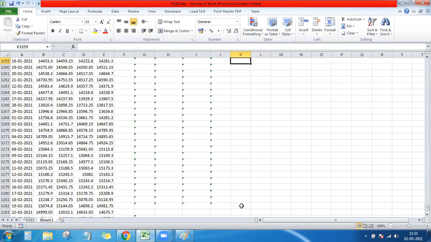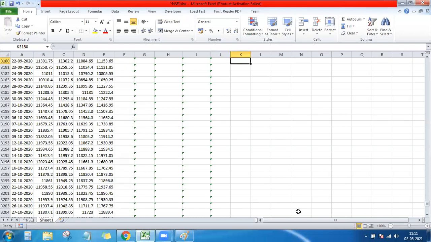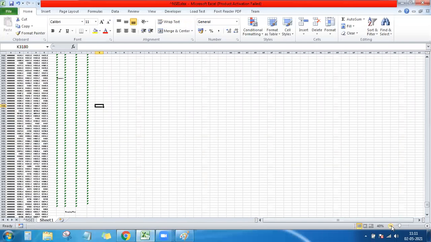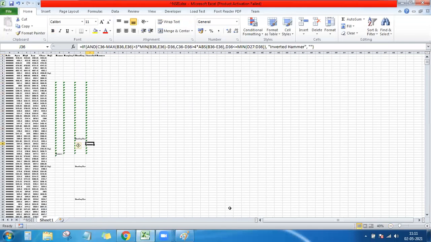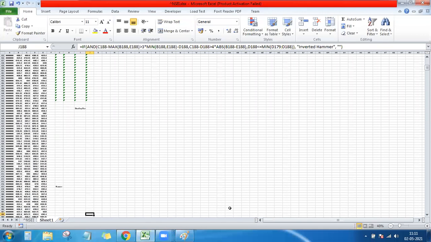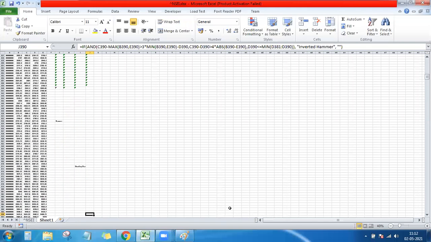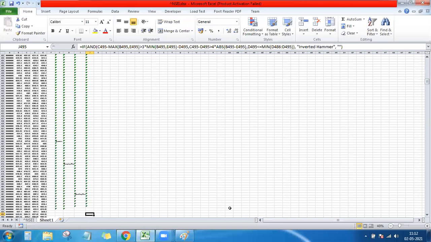So it is taking some time to copy that formula onto every cell, and it is refreshing whenever we go upside and downside. On the chart, do we have any inverted hammer opportunities?